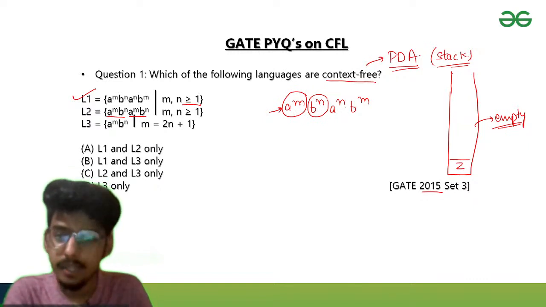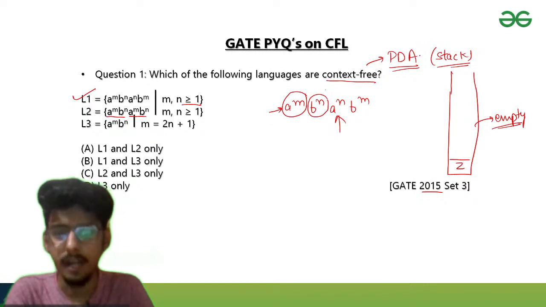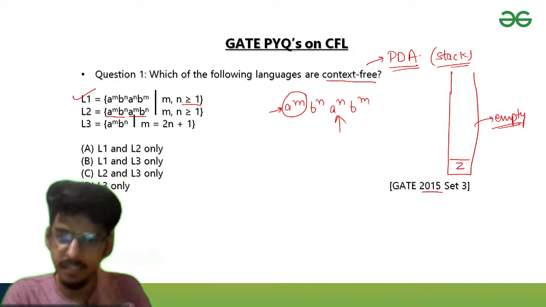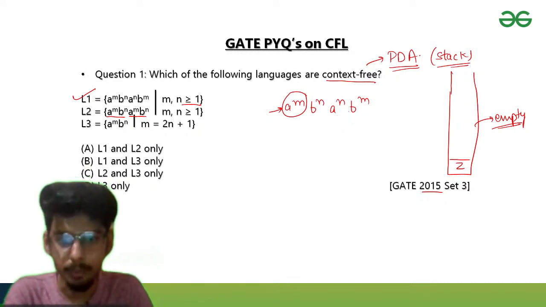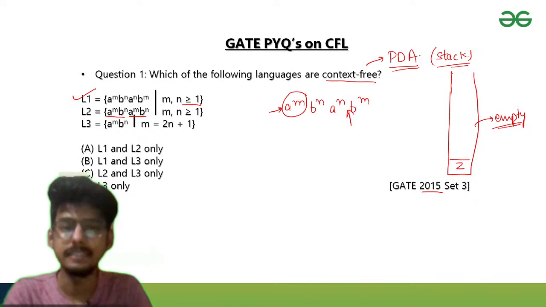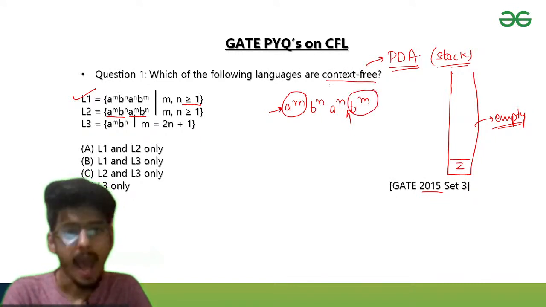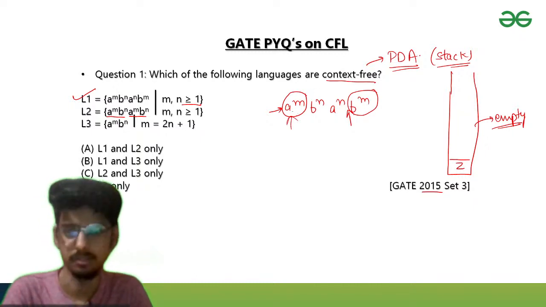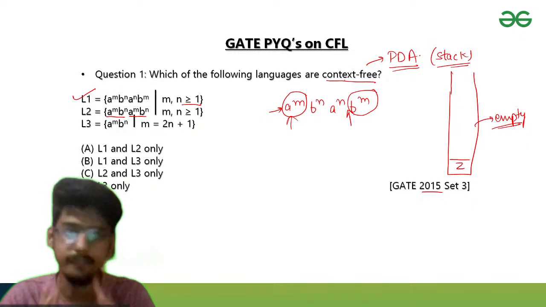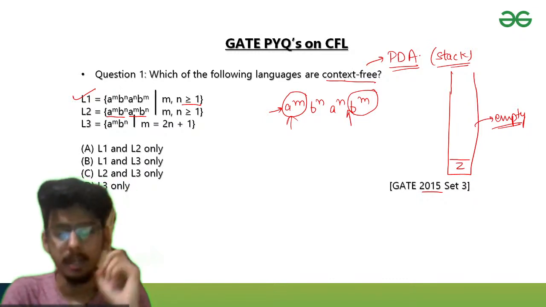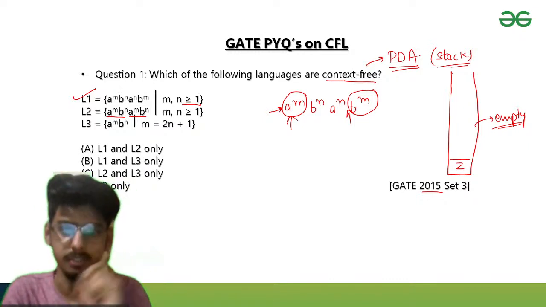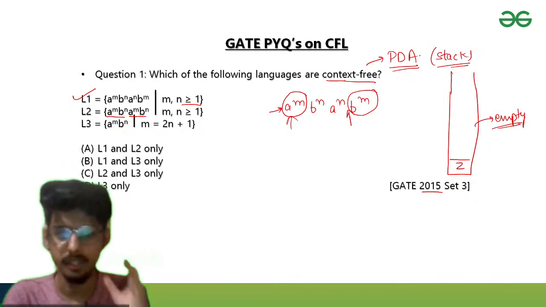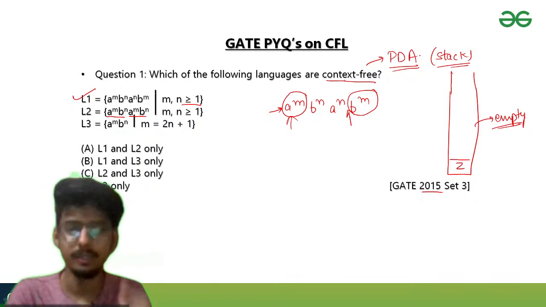Then as soon as you start seeing these A's, start popping out the b^n elements from the top, and after you have reached this point, you will start seeing the ending B's, and then again start popping out the A's which are present in the stack. So ultimately the stack will be empty, and an empty stack tells us that you can accept the string. After scanning the whole string, if the stack is empty, you can accept that string.